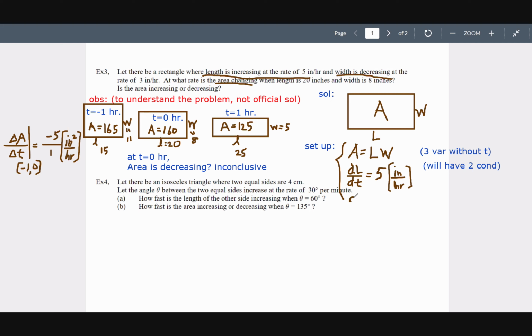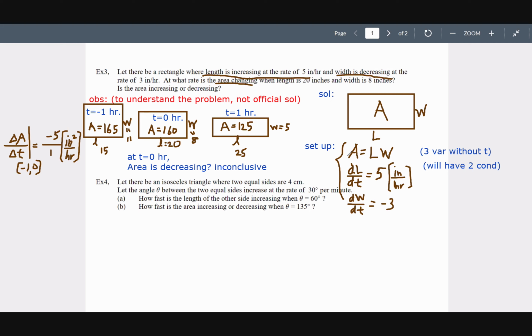And now the other one is going to be W. So how fast is the W changing? With dW/dt. How is the W changing with respect to time? It says here this is decreasing at 3 inches per hour, so this will be minus 3 inches per hour. Now we have 2 conditions.